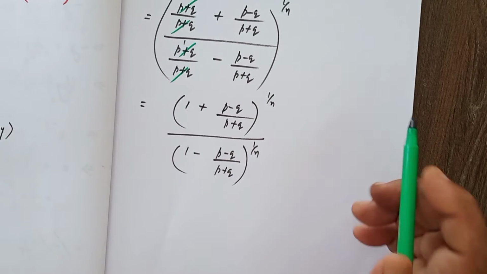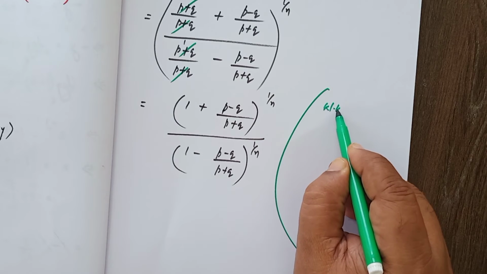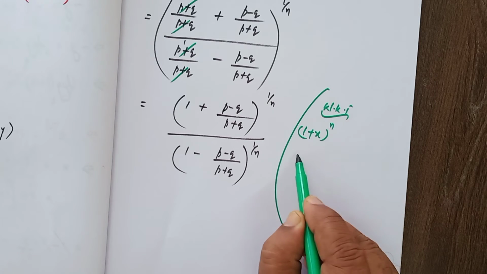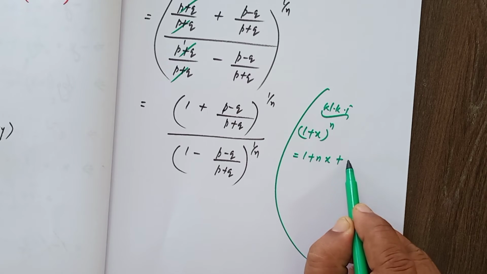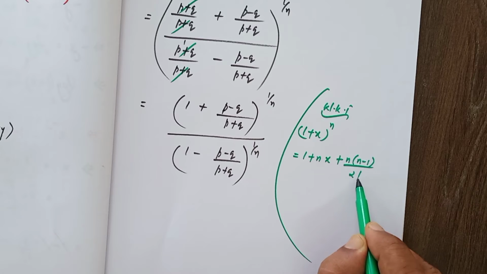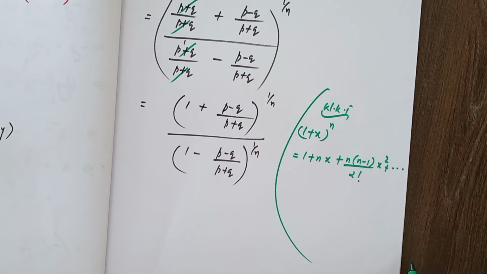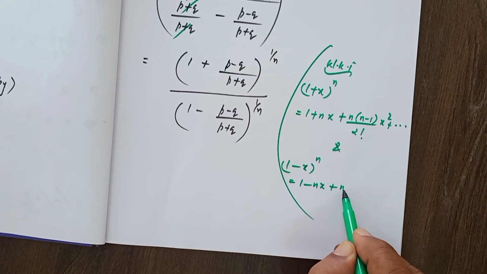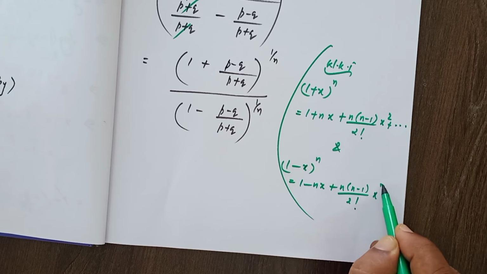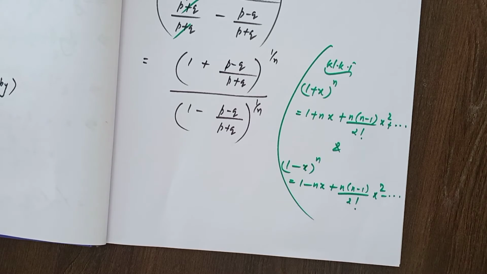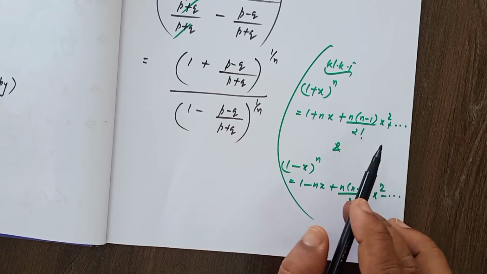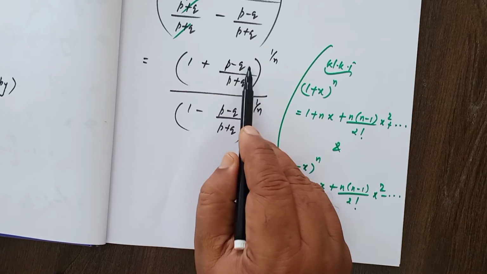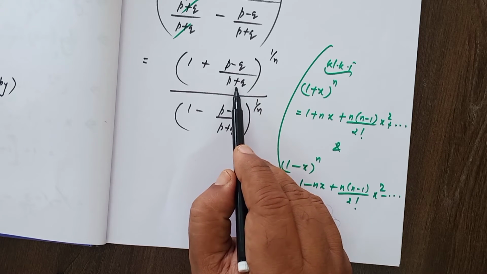We know that 1 plus x power n is equal to 1 plus nx plus n into n minus 1 by 2 factorial into x square plus etc. And 1 minus x power n is equal to 1 minus nx plus n into n minus 1 by 2 factorial into x square minus etc. For proving this result, it is enough to take the first two terms.